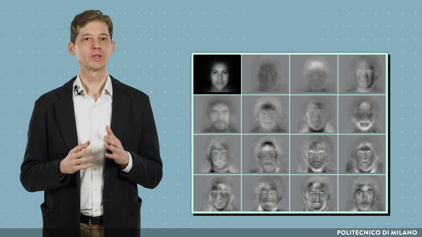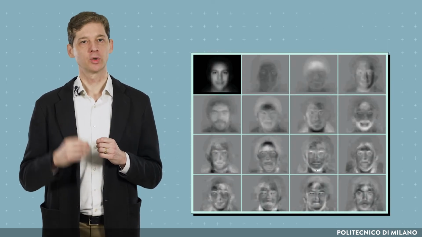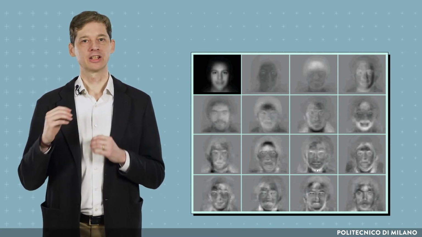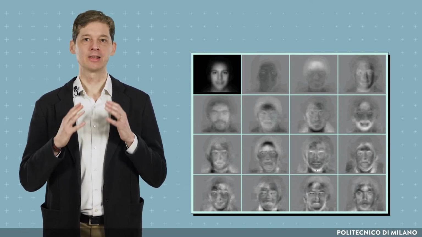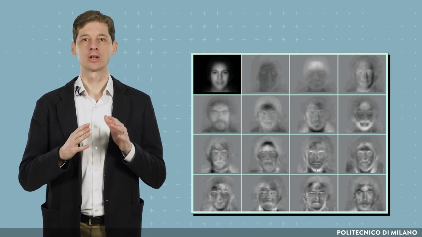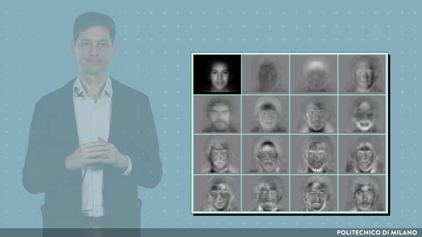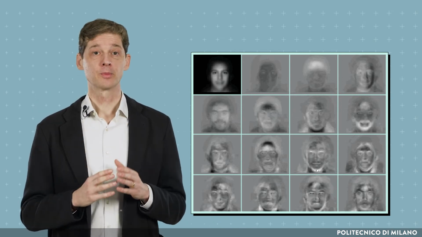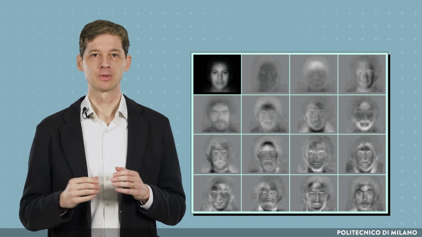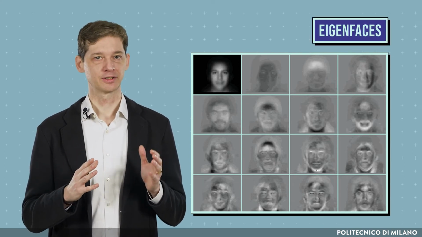In the picture, we see an application of PCA to a dataset of face images. In the dataset, there are 128 images of faces of size 256 × 128 pixels. In this picture, we see a visual representation of the first 15 principal components, in this case called eigenfaces.